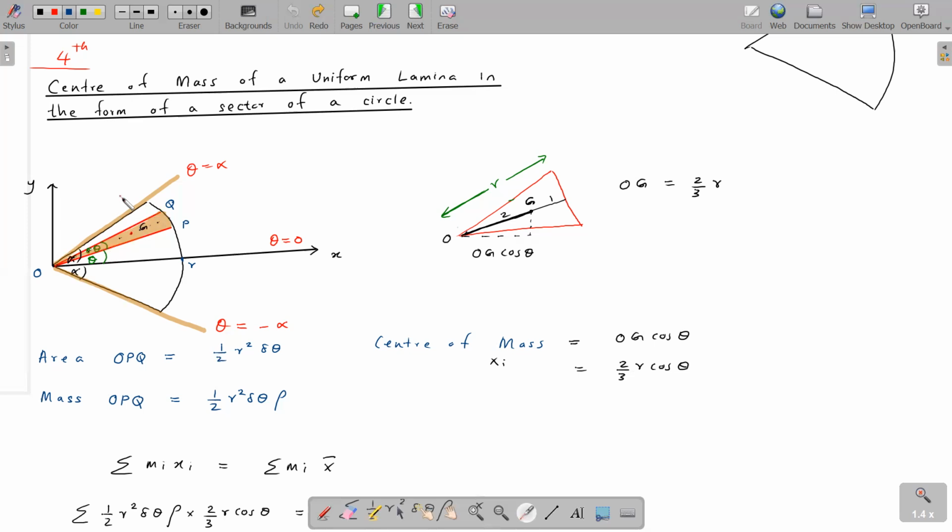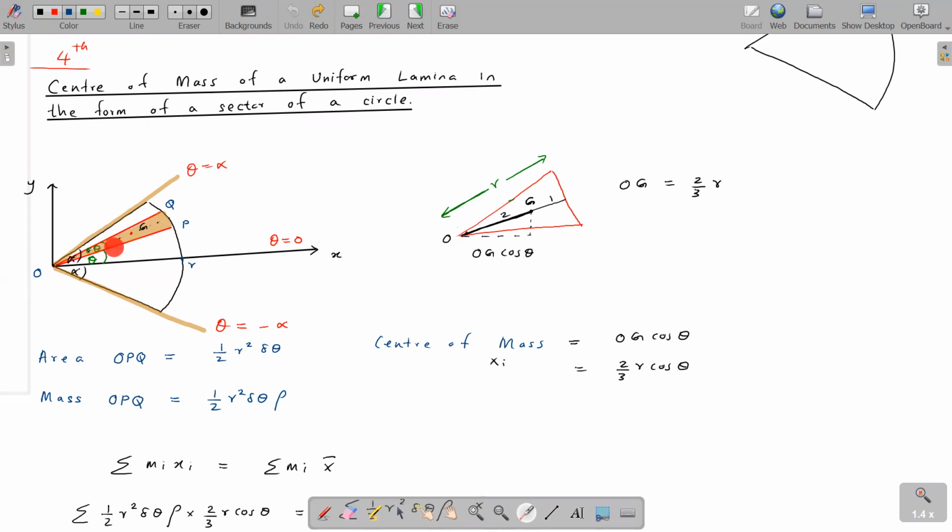All right, guys. So when you're taking the area, I think you can see we've taken the area by taking the area of a sector. That's quite easy, right? You know in P1, area of a sector is half r square theta when it's in radians. The radius of the sector is r, and theta should be delta theta, since it's a very small change in the angle.